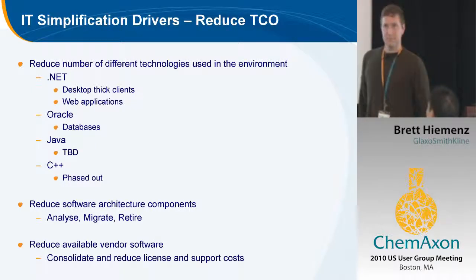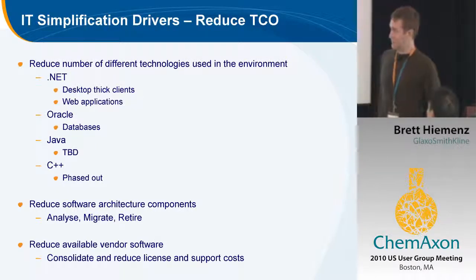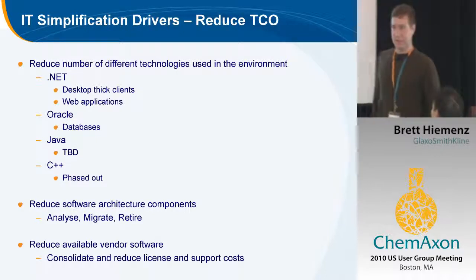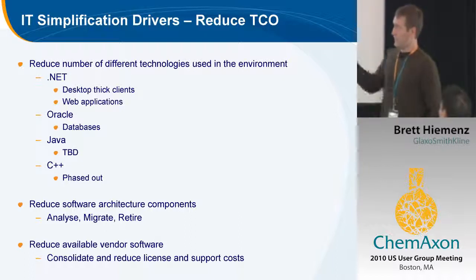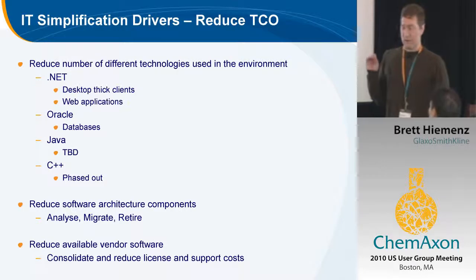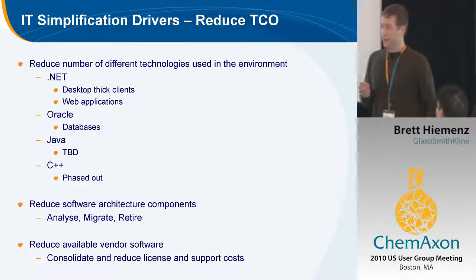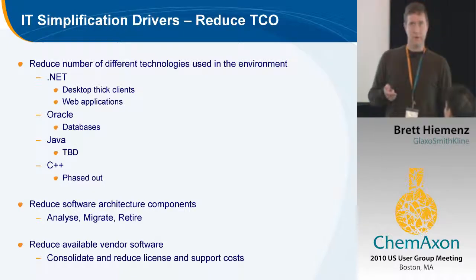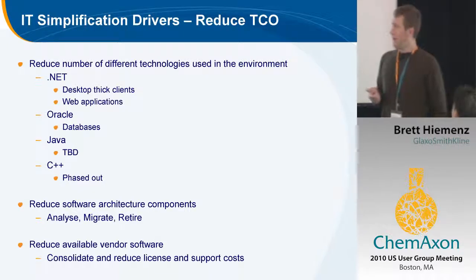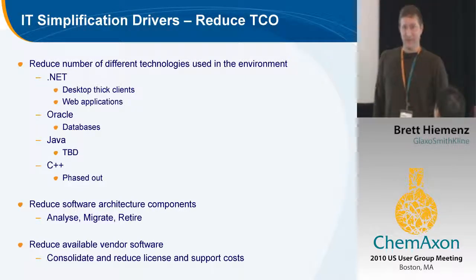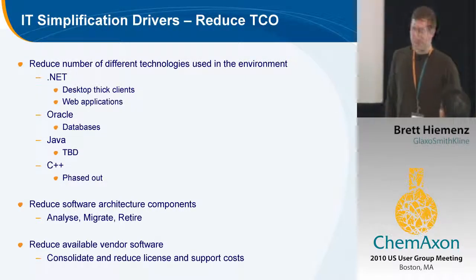In recent times, we're finding ourselves having to trim and simplify onto particular technologies. Recently, we've gotten down to .NET, Oracle. We still have a lot of Java applications, and we still use that. But we're phasing out things like C++, Perl, Tcl, Fortran, believe it or not. Plenty of other technologies that we have in our technological museum.